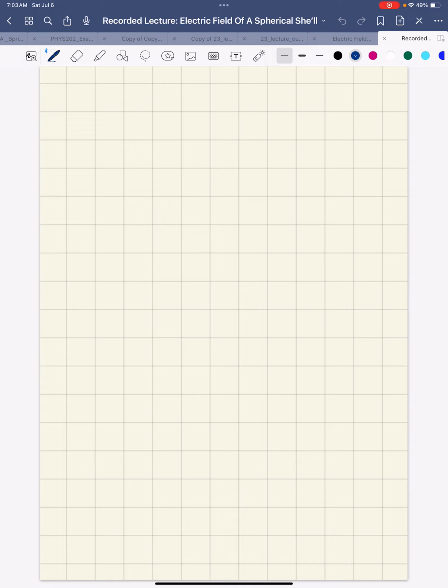First, I want to give a note here, and that is when the question says find the magnitude of the electric field at a point P.